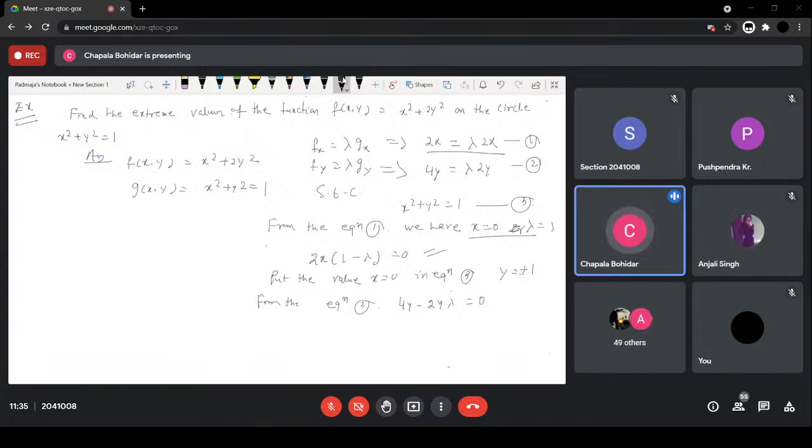If lambda is equal to 1 here, then what is the value of y?